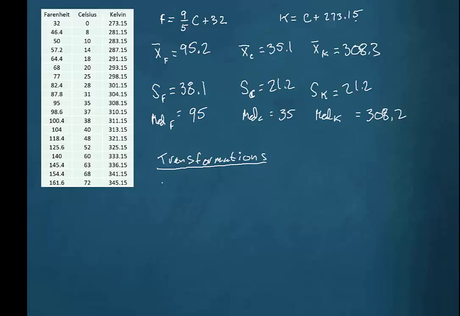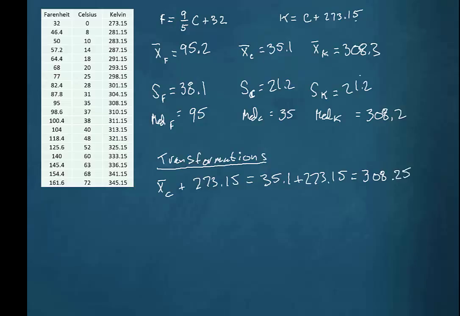If I take the Celsius mean and add to that 273.15, I would have 35.1 plus 273.15, which would give me 308.25.